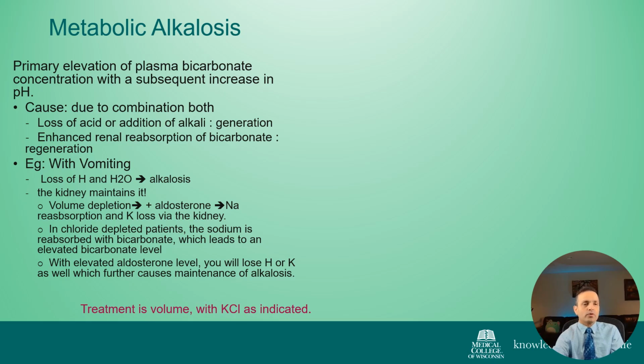So that more chloride interferes with absorption of bicarbonate in the proximal convoluted tubule, and that expands volume and also inhibits that aldosterone, and you are not going to lose any more hydrogen ion in the distal convoluted tubule. So that's why you are supposed to expand volume with isotonic normal saline, with potassium chloride as indicated.